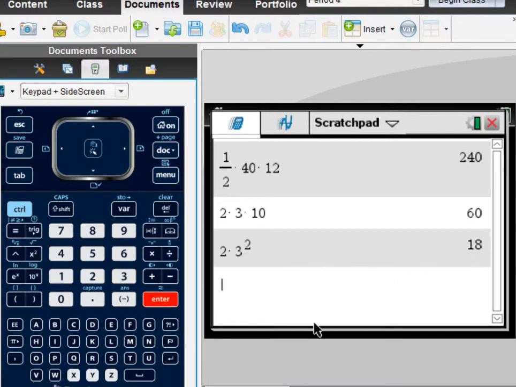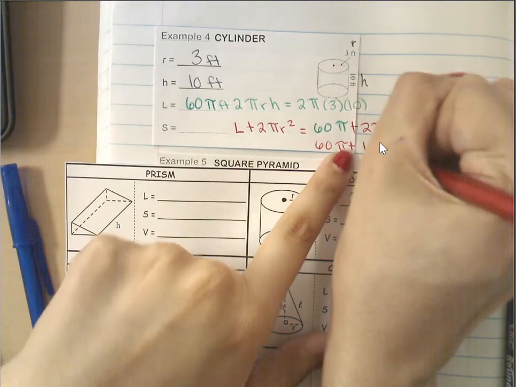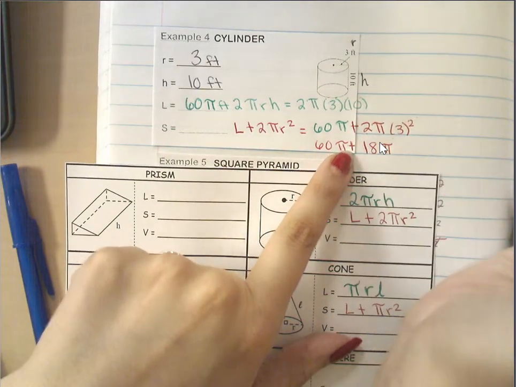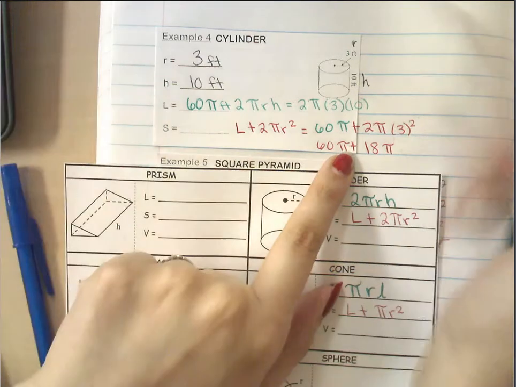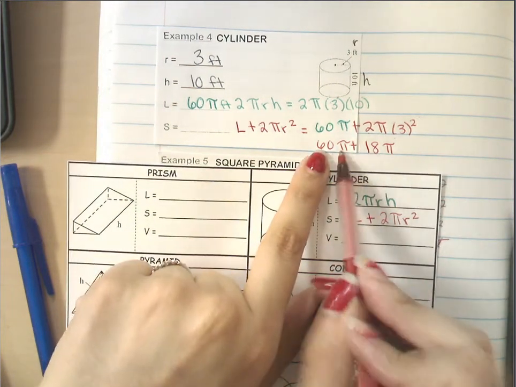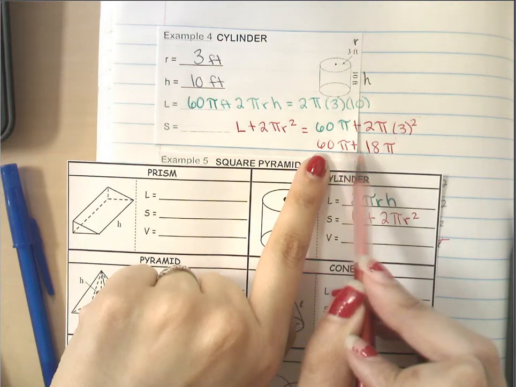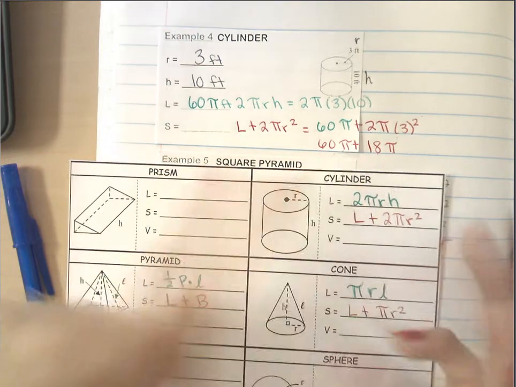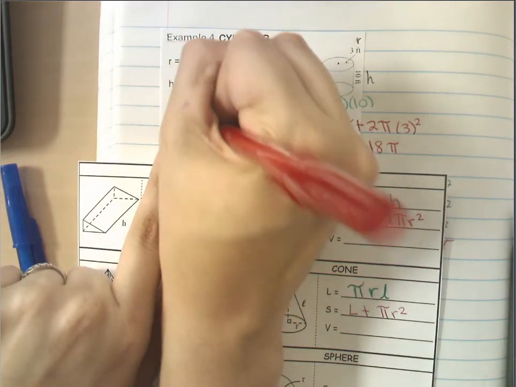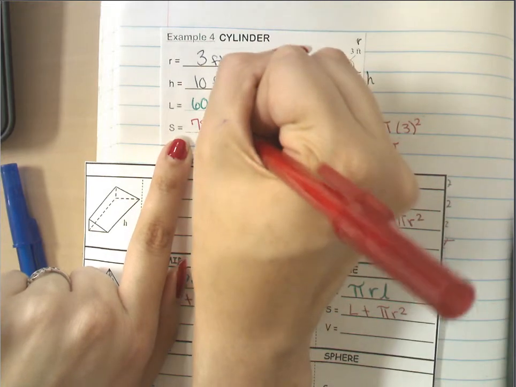That's 18. So then right here I have 18 pi. Since I did not type it in the calculator, I have to keep it next to the 18. And so now both my numbers have pi. Now I can add them. 60 plus 18, that's 78 pi. Remember, I have to keep the pi. So feet.